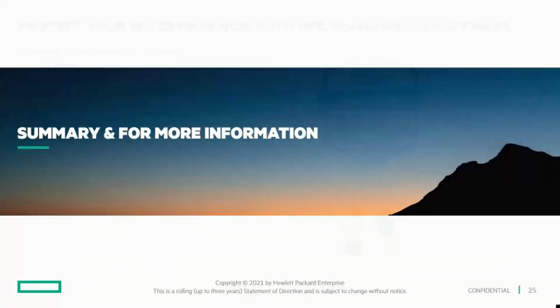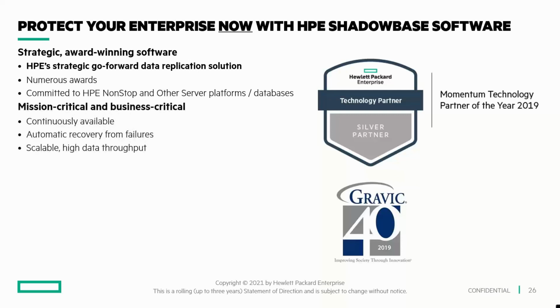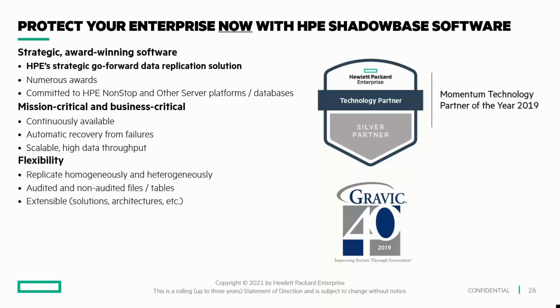In summary, protect your enterprise now with HPE Shadowbase software. It is strategic, award-winning software. We're HPE's strategic go-forward data replication solution. We've won numerous awards, including Momentum Technology Partner of the Year Award. We're mission critical, business critical. It's scalable. It can handle high data throughput. It's a flexible solution, many different sources and targets.